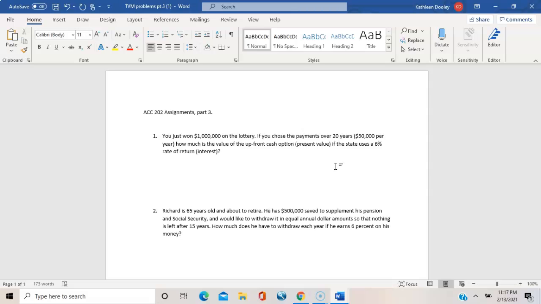So we need to know the present value. So we have present value equals R times table 4.